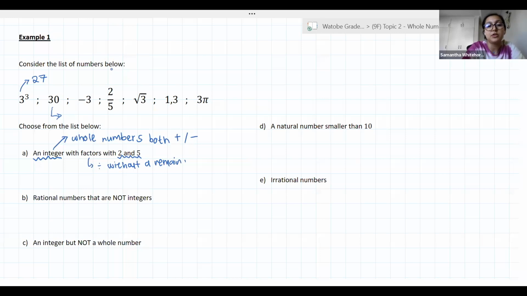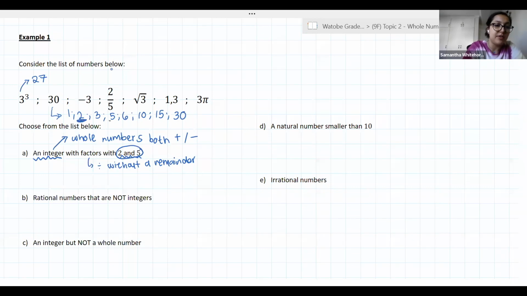If we think about 30, we've got lots of factors: 1, 2, 3, 5, 6, 10, 15, and 30. Those are all of our factors for 30. And now it's told us that we want the number with factors 2 and 5.